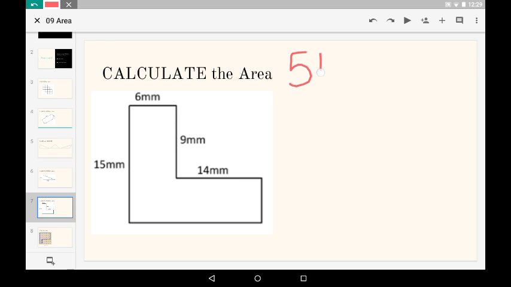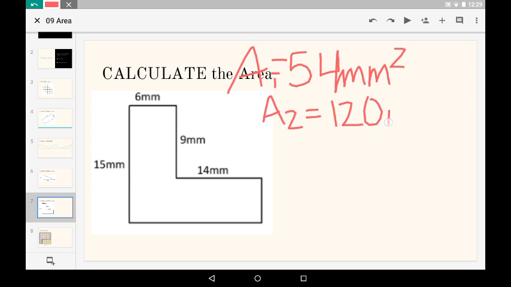So the first one was 54, area 1, and area 2 is 120. So I have all my work there. I've shown my formula, my calculations, my answer, and my units for both parts. This is still area 1. This is still area 2.